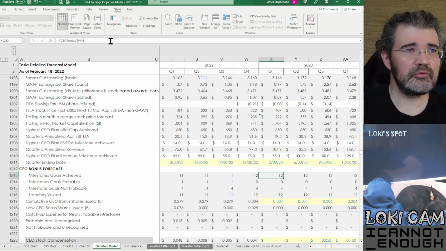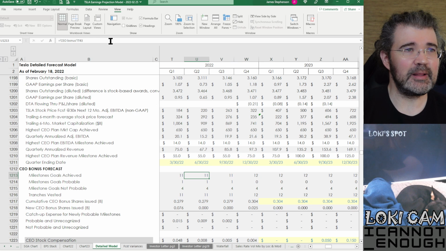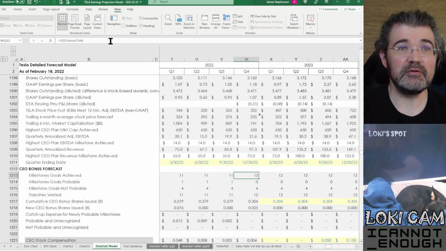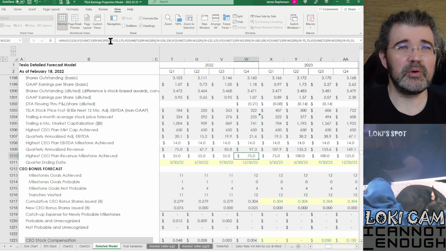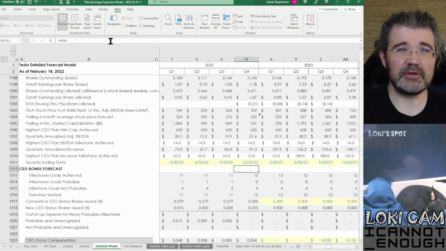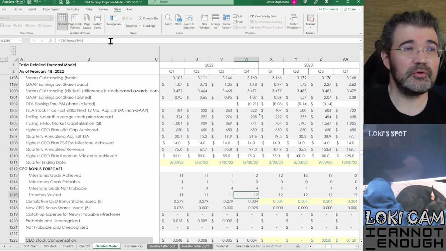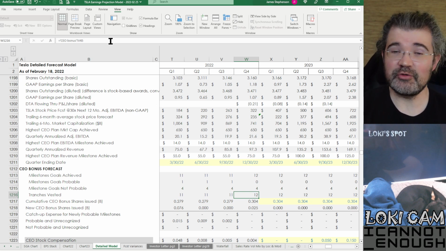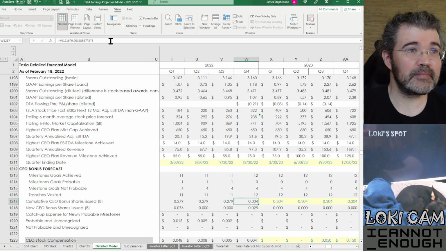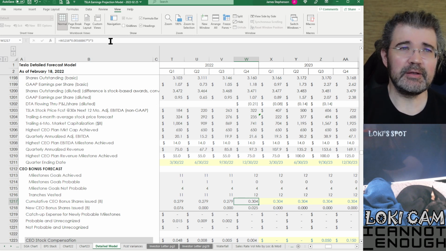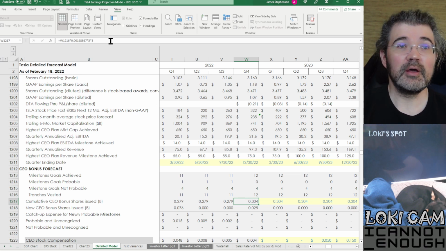Some more rows here for the CEO bonus forecast. Hey, how many milestone goals has Elon achieved? He achieved the 12th goal here, which was the $75 billion quarterly annualized revenue tier, and doesn't need to try to achieve any more tranches because he's already achieved all 12, the max allowable under the plan, and gotten all of the bonus shares due him.